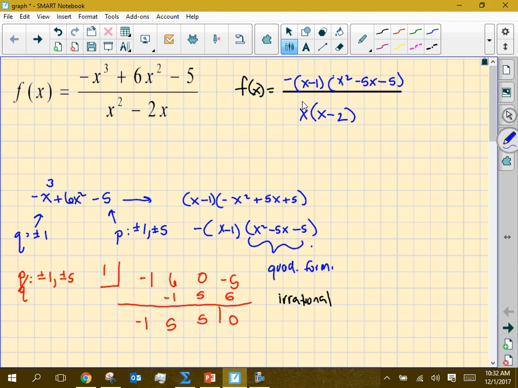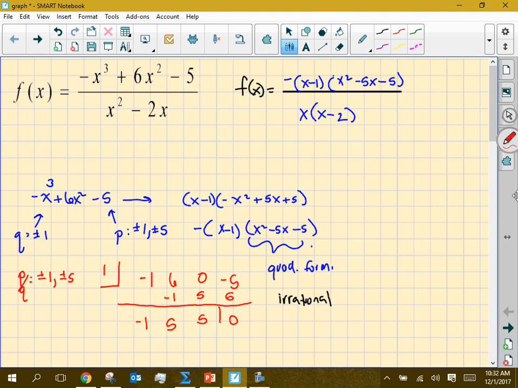And I know that when I factored the bottom, there were no irrational factors. There were no x minus radical 2 or x minus radical 3 or anything like that that would cancel with something up top. So I know that I don't need to go any further with this.